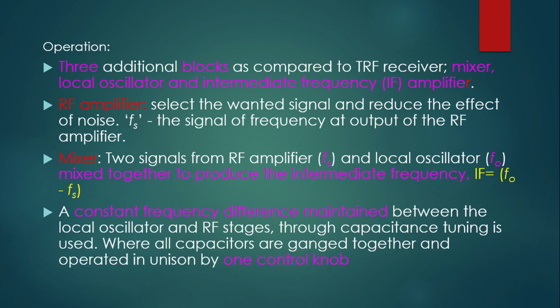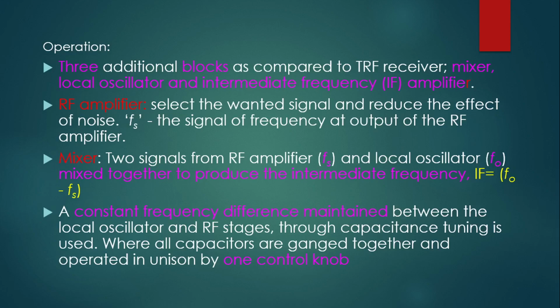So mixer, local oscillator and IF amplifier are the 3 additional blocks added to the TRF receiver in order to make it a super heterodyne receiver.